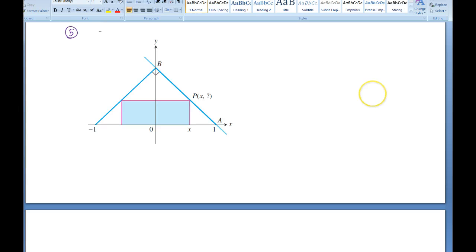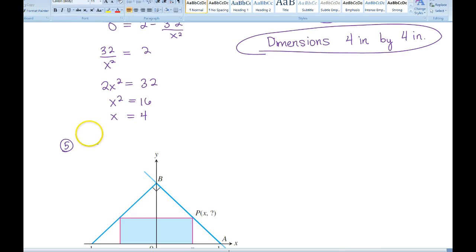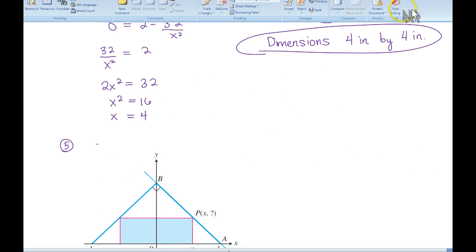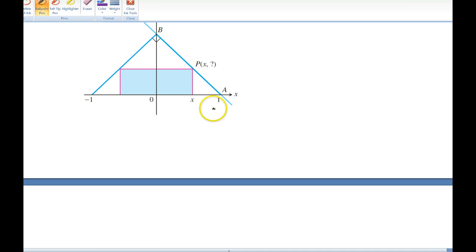We want to maximize, or actually there's a couple of questions that we want to write in here. So here's a rectangle. It's inscribed in an isosceles right triangle. We can see, for example, this is the point -1, 0, and this is 1, 0.